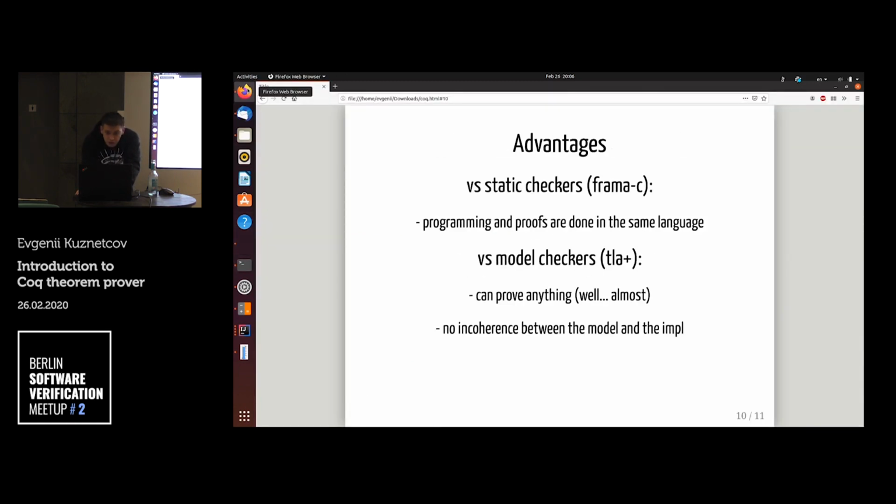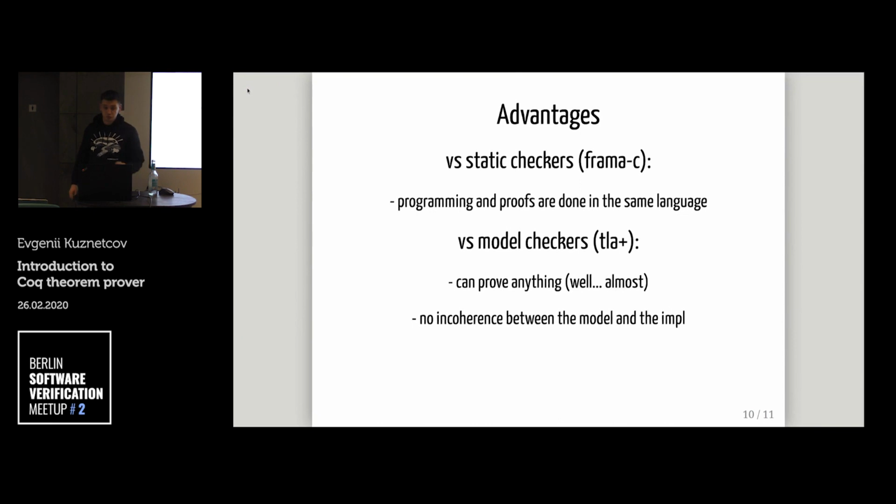So let's make an overview of why it's useful or useless. Is it still human readable? I guess yes, because the Coq language is quite close to Haskell and OCaml, so it's just the same, but with proofs erased.